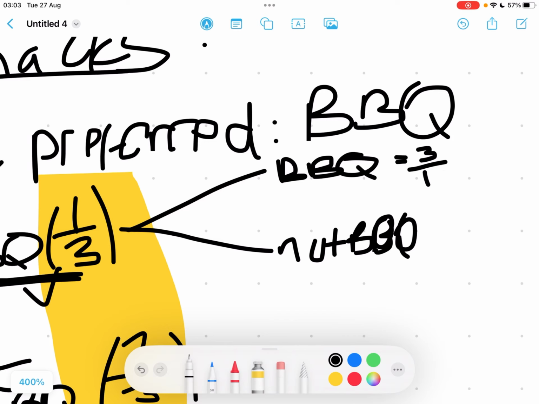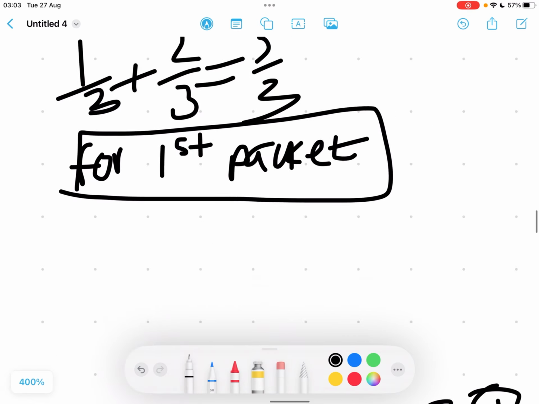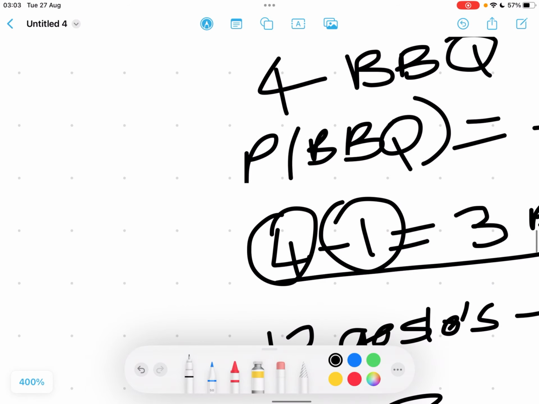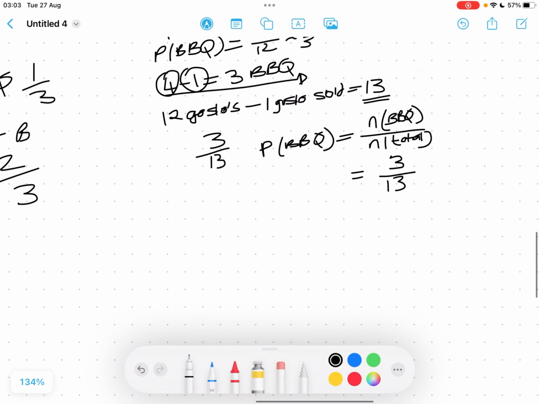Not 13. I'm left with 11. 3 out of 11. I'm sorry for this mistake. It's not 13. It's 11. I am so sorry. So 3 out of 11. I hope you guys saw that mistake.